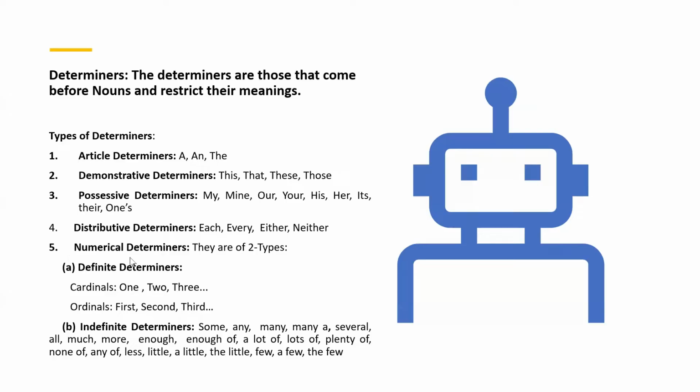Then numerical determiners. They are of two types. A, definite determiners. Under this, we study about cardinals. Cardinals means simple number 1, 2, 3, 4. And then ordinals. They show order, first, second, third. So these are definite determiners, and we shall study about them. B, indefinite determiners.